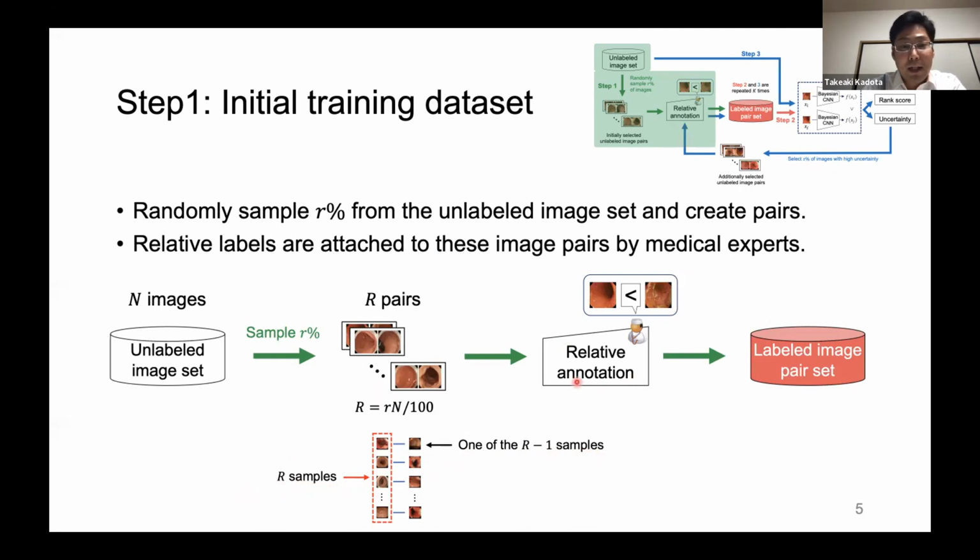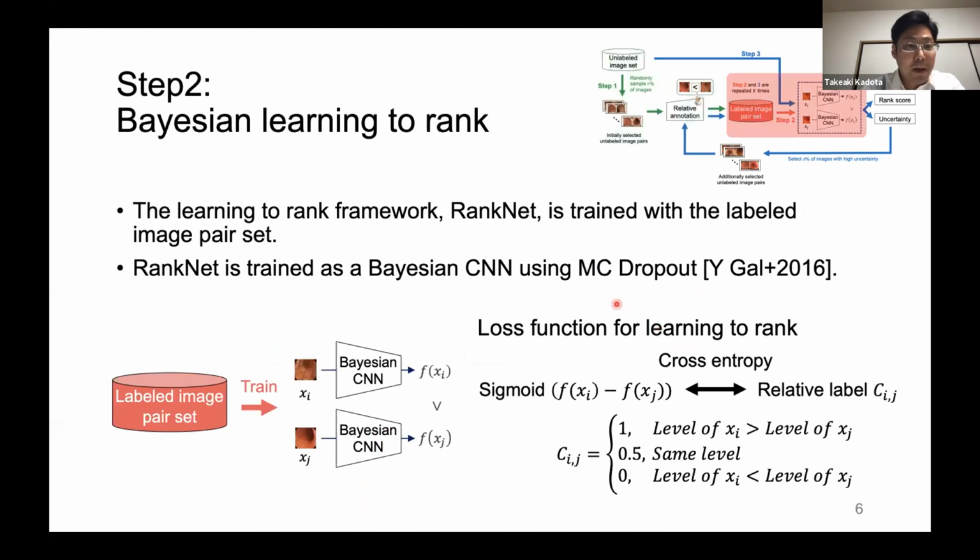Relative labels are attached to these image pairs by medical experts. Then, the learning to rank framework RankNet is trained with the labeled image pair set. RankNet is trained as a Bayesian CNN using Monte Carlo dropout.